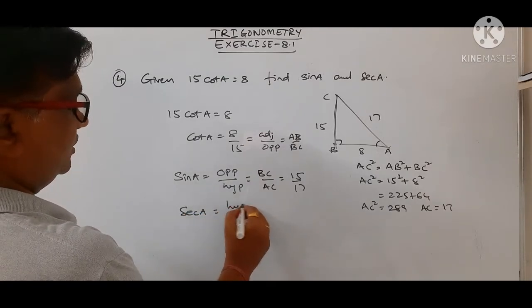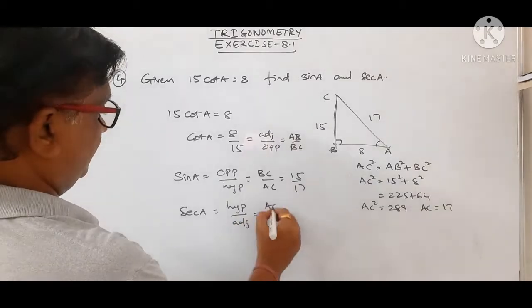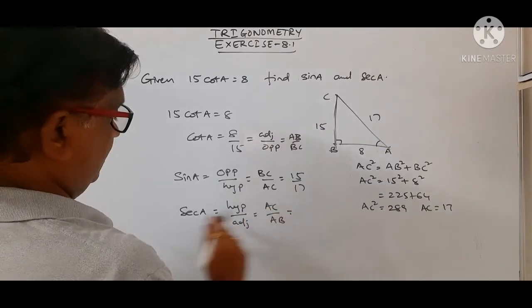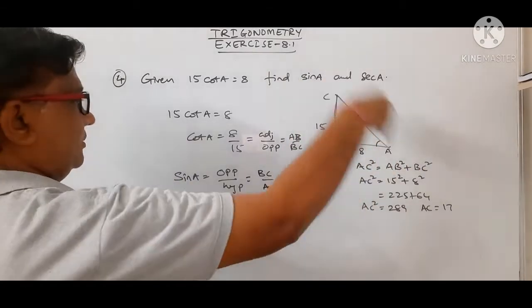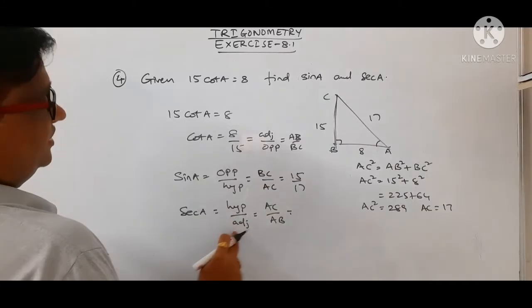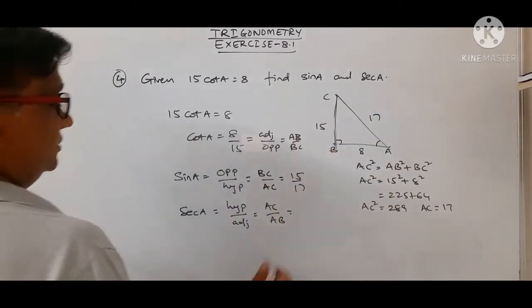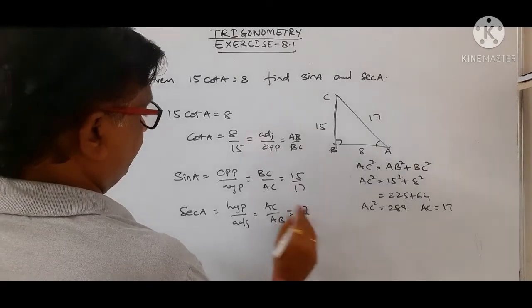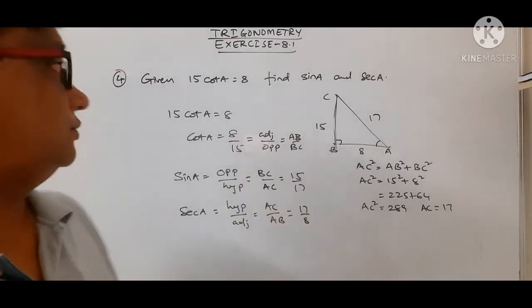Secant A means hypotenuse by adjacent. Hypotenuse AC by AB. You look at A only: A's opposite, A's adjacent, hypotenuse. Adjacent is 8. So 17 by 8. This is the fourth question.